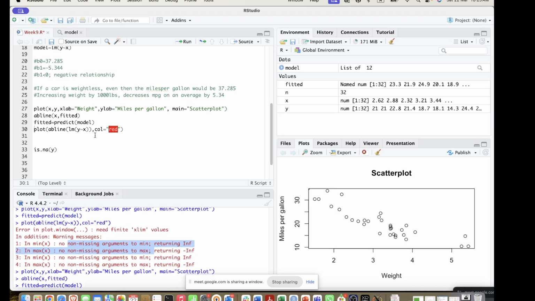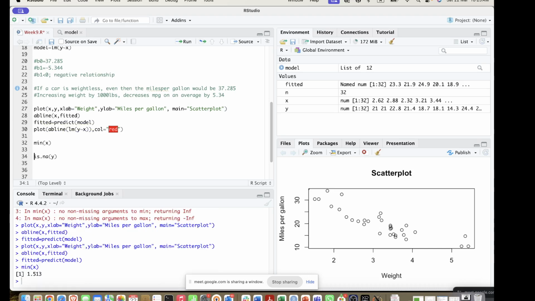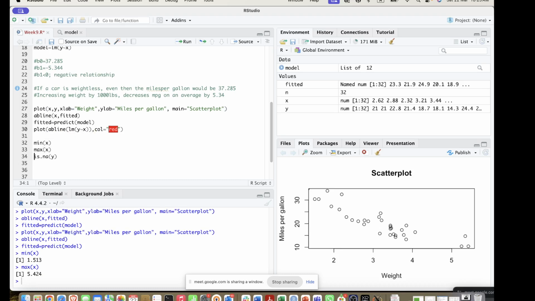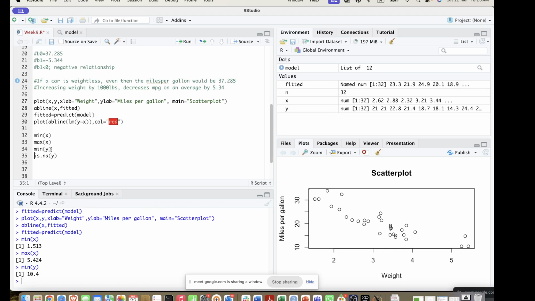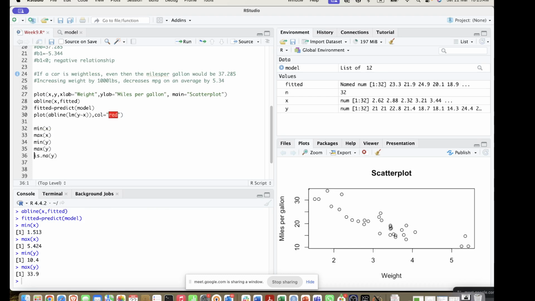So if I give minimum of x and then maximum of x, minimum of y and then maximum of y, yeah, everything seems to be in range. God knows why this is not working.